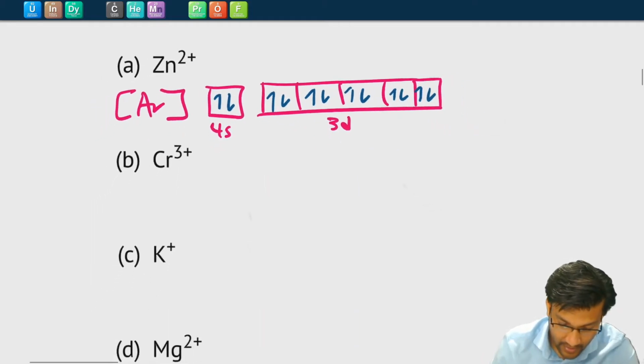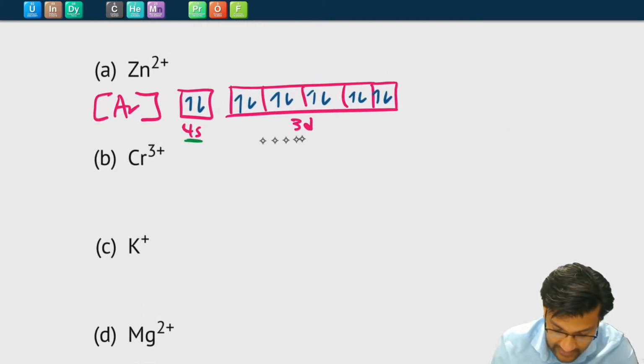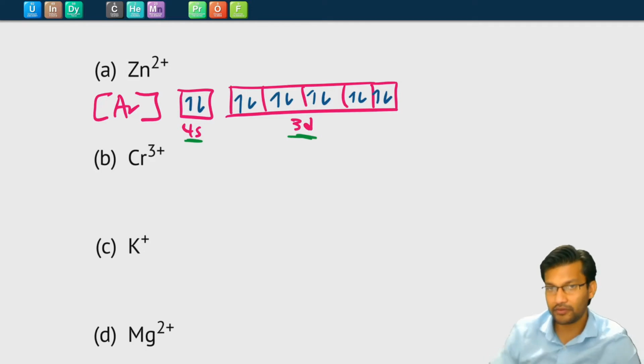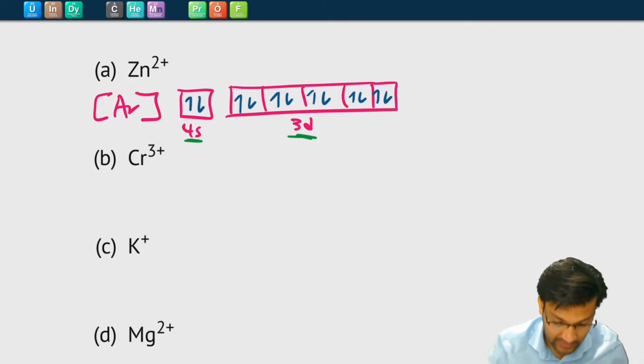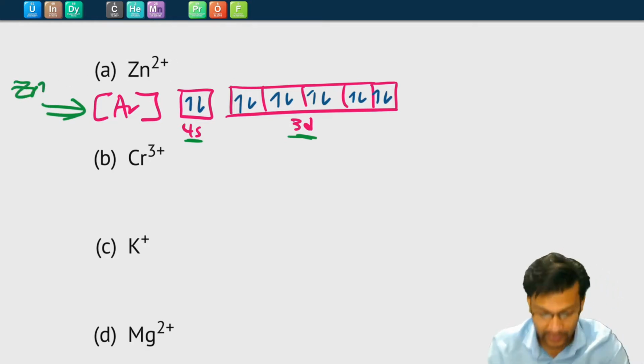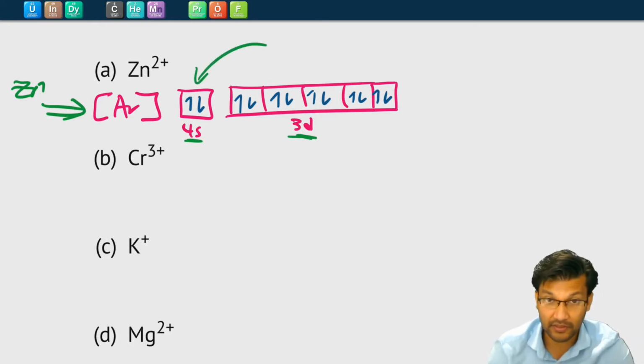I also mentioned briefly that 4s and 3d are very close in energy, and typically when you're removing an electron, which is what we need to do, because this here is for zinc, but we need it for zinc 2+, which means we need to remove 2 electrons. We will oftentimes remove it from the 4s orbital first. Why?